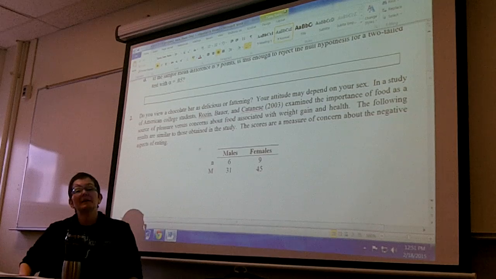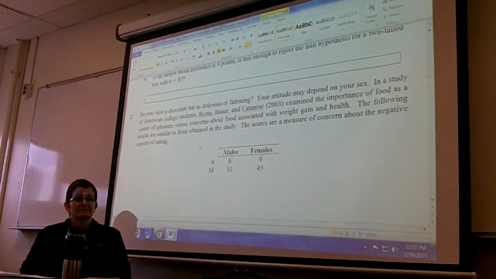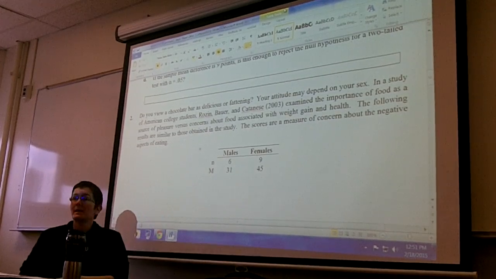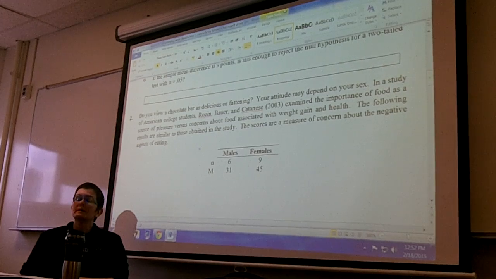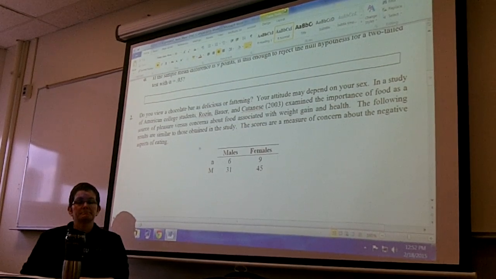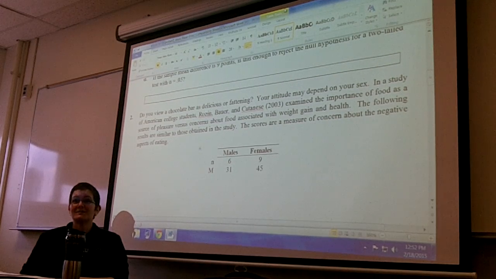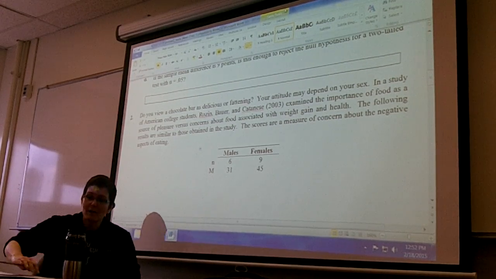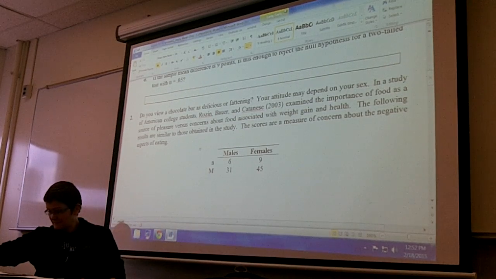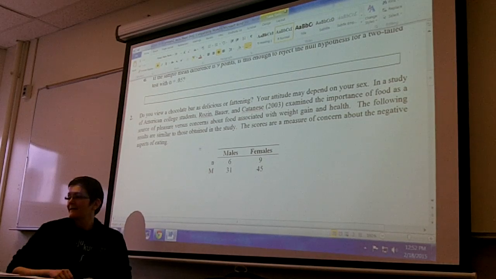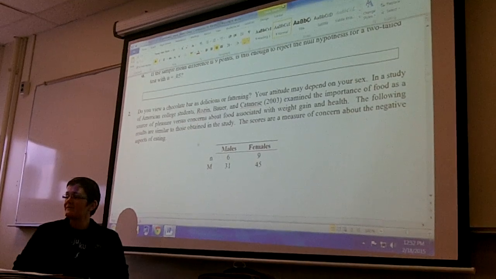So what groups are we comparing? Women and men. Yeah, we're comparing males and females. Okay, good. And what do we know about them? What do we know about them? They were measuring the negative aspects of eating. That's right. We're measuring their concern about the negative aspects of eating.